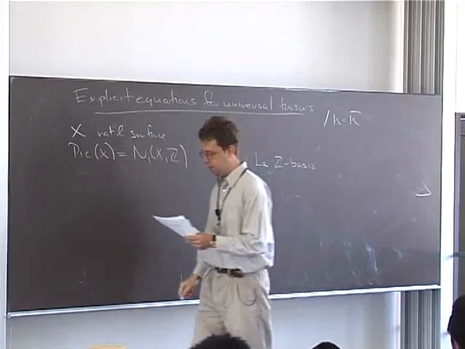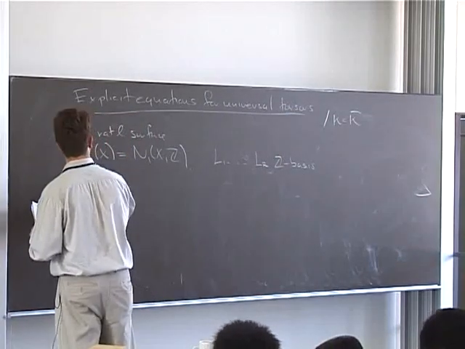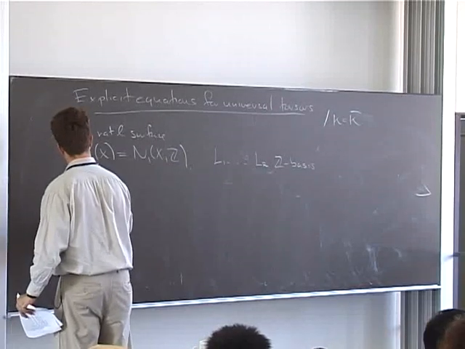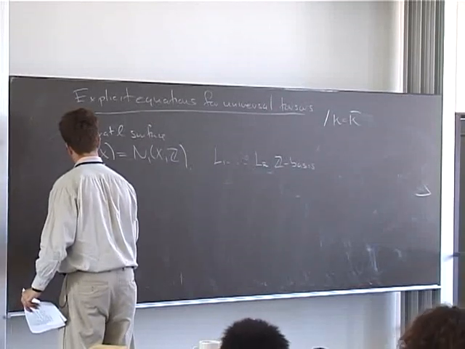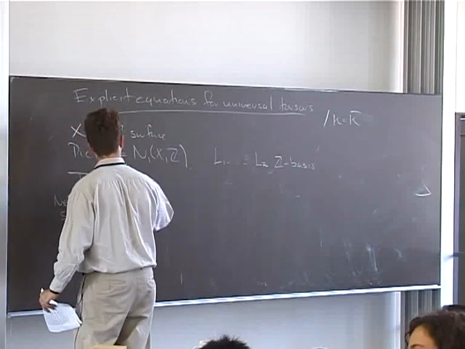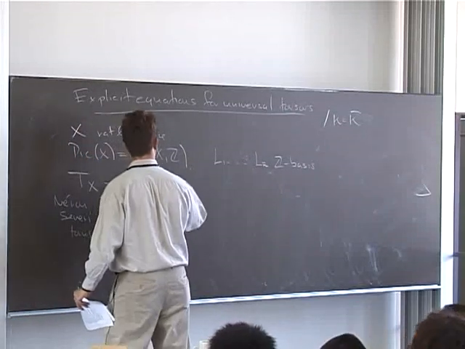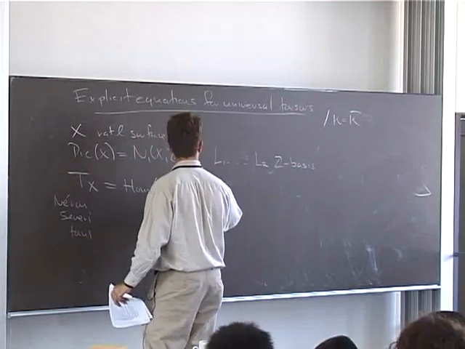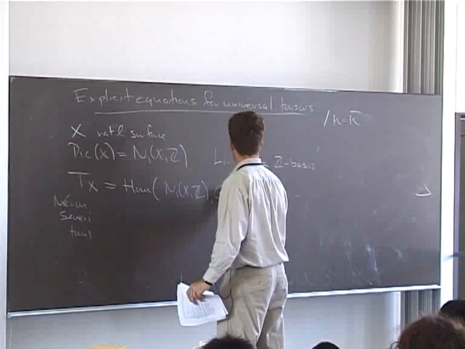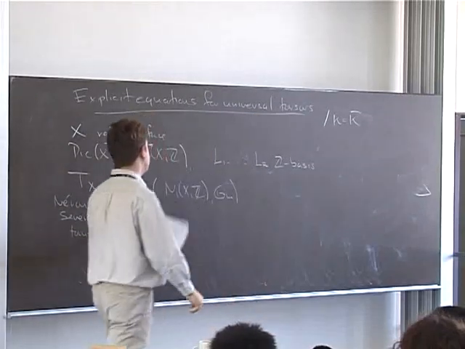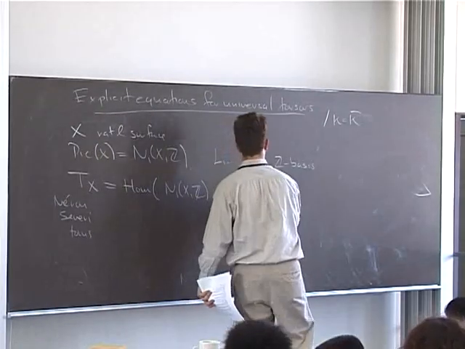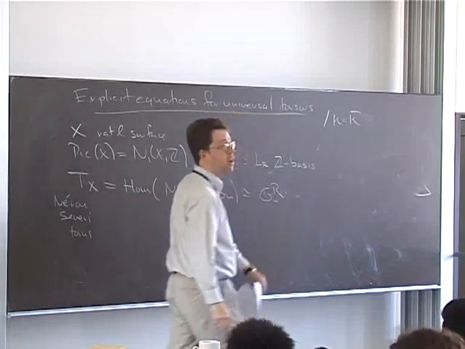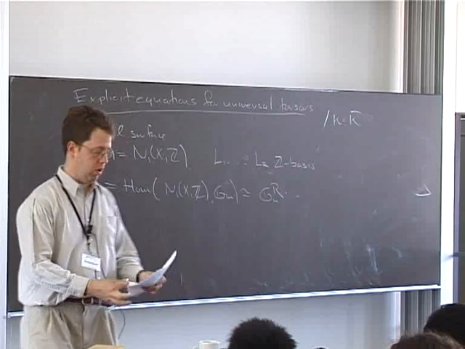We also have the Néron-Severi torus, which is defined as a torus of rank equal to the number of generators of the Picard group.